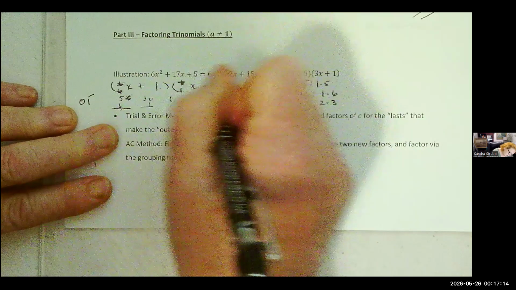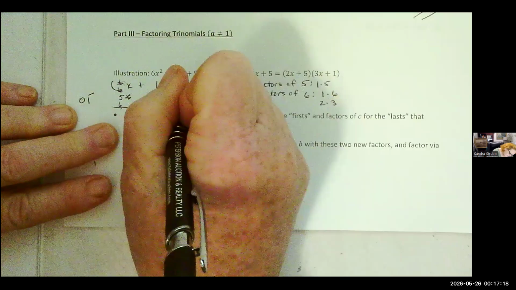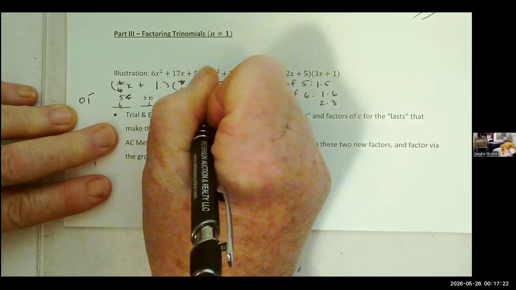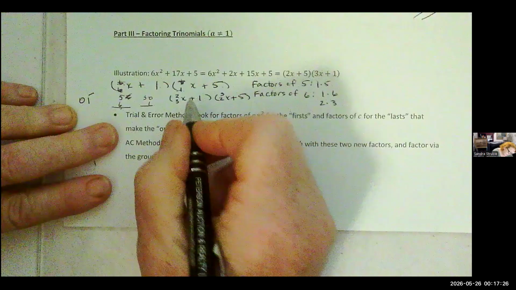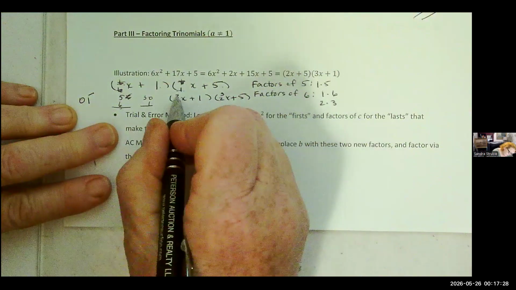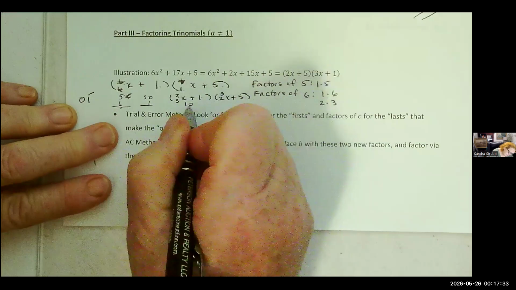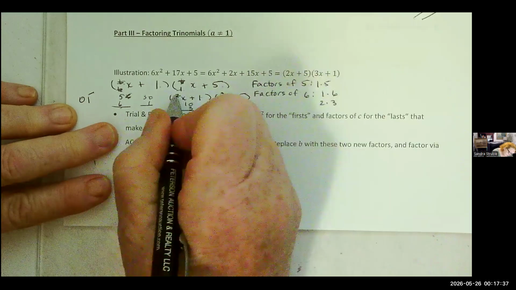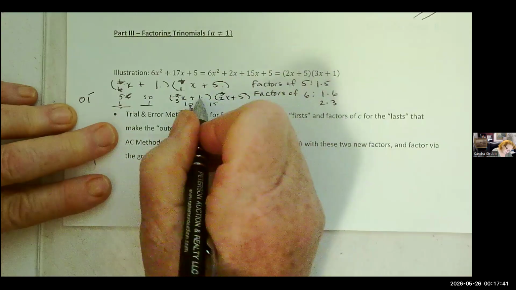So let's try 2 and 3. All right. 2 times 5 is 10. 3 times 1 is 3. This does not add up to give me 17. So those don't work. 3 times 5 is 15. 1 times 2 is 2. 15 plus 2 is 17.